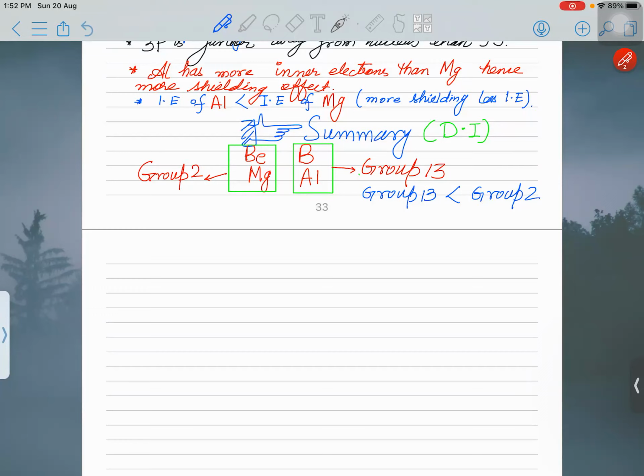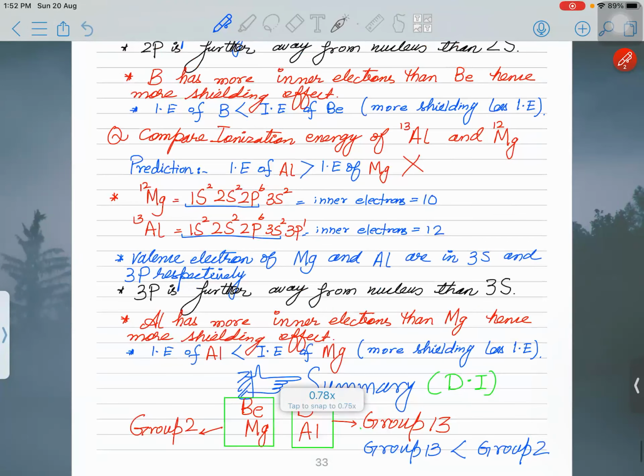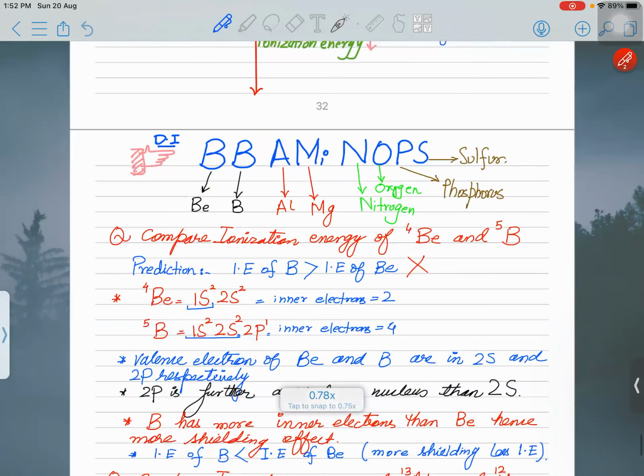There is no literal meaning of I. We cannot make Ammi without I, so the I is just there to make Ammi. So BB, beryllium boron, exception. Ammi, aluminum magnesium, exception. Now nitrogen and oxygen and phosphorus and sulfur.